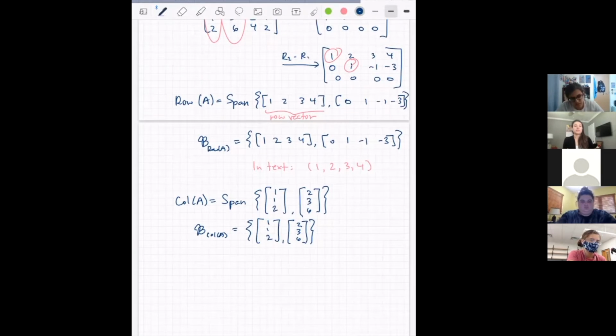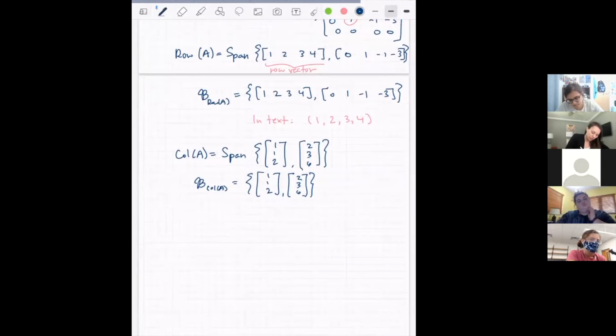Yep. Okay. So a couple things to note. First of all, the row space of A is equal to the column space of A transpose, right? If you think about what happens when we take the transpose of a matrix, the rows and columns switch.